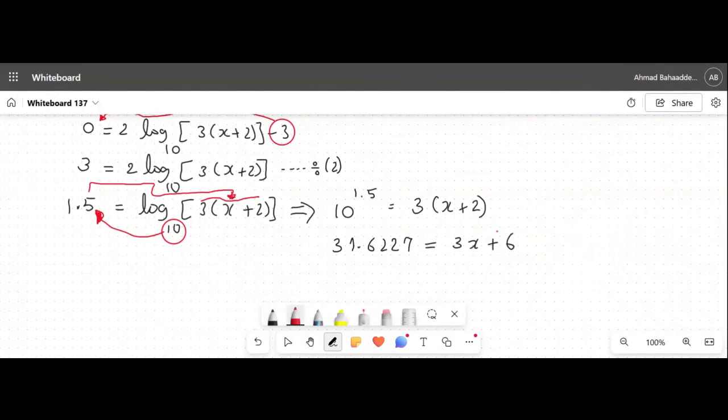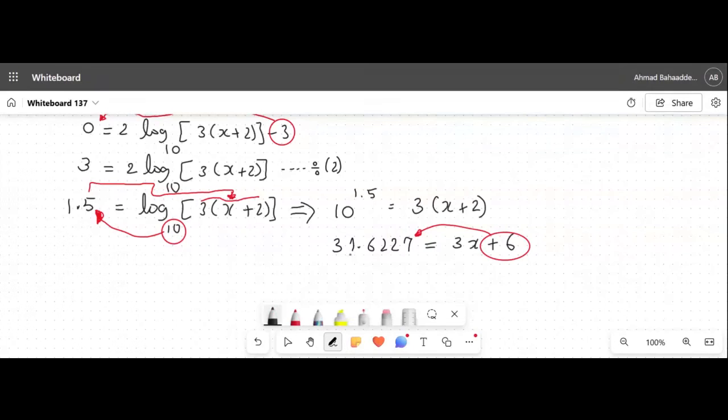Now I am going to move 6 from this side to the other side, and that's going to be minus. So I'm going to subtract 6 from 31.6227, if I use my calculator, guys. That's going to give me 25.6227.